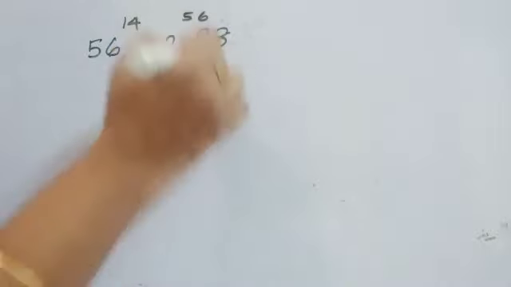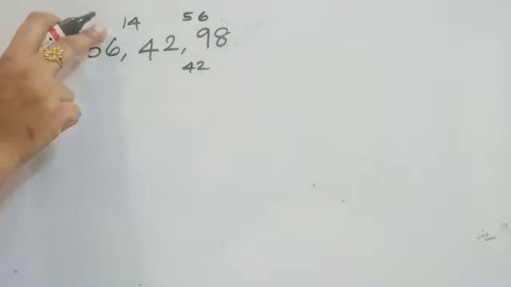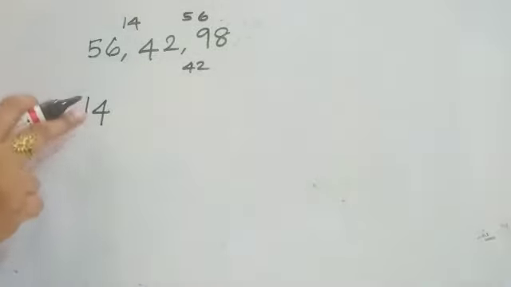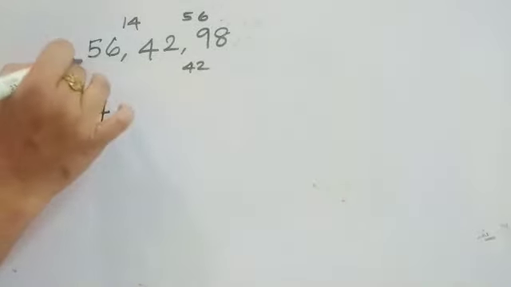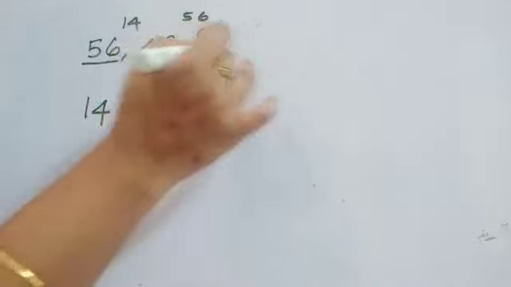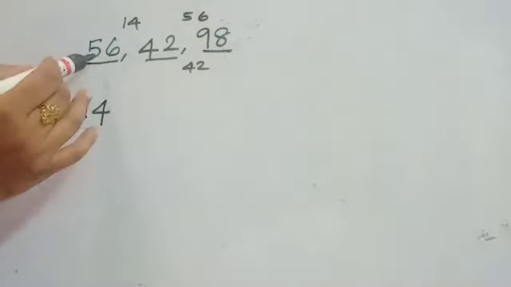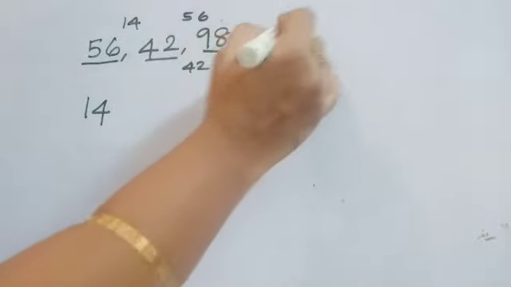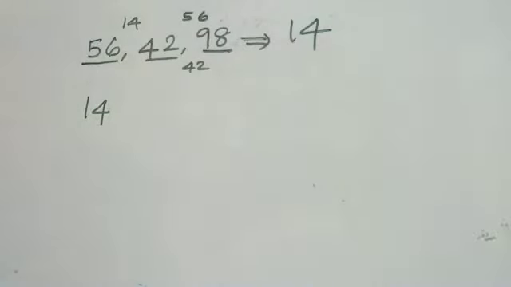So out of these three differences, 14 is the least one. So just take 14 and check whether this 14 is a divisor of 56, 42 and 98. 14 4s are 56, 14 3s are 42 and 14 7s are 98. So we can conclude the HCF of these three numbers as 14.